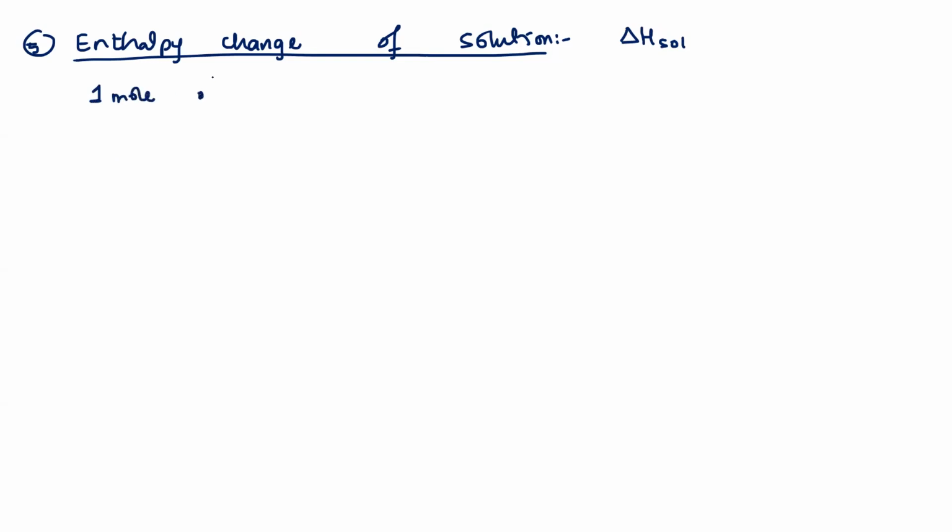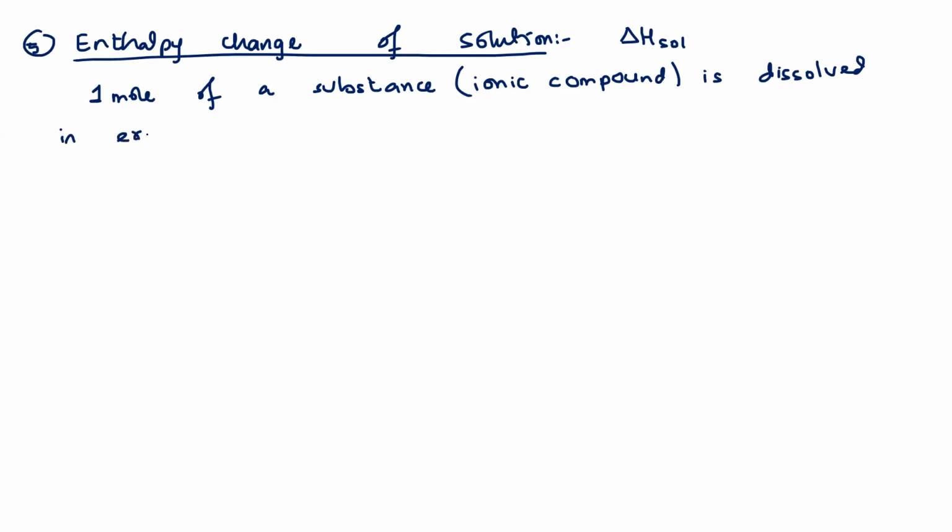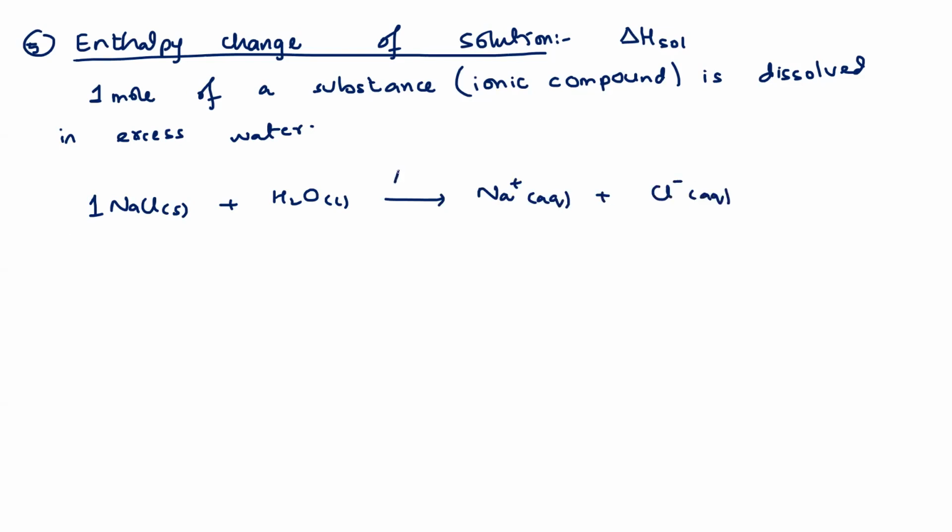This is when 1 mole of a substance that is an ionic compound is dissolved in excess water. So H2O liquid forms Na positive aqueous and Cl negative aqueous. So this is the enthalpy change of solution.